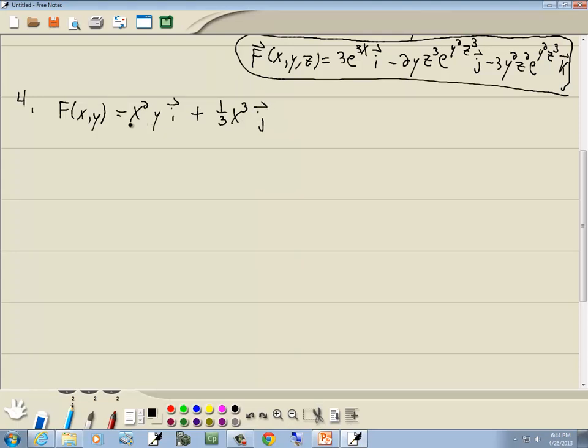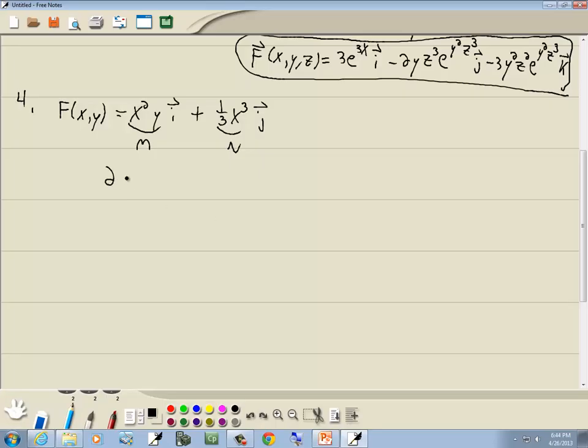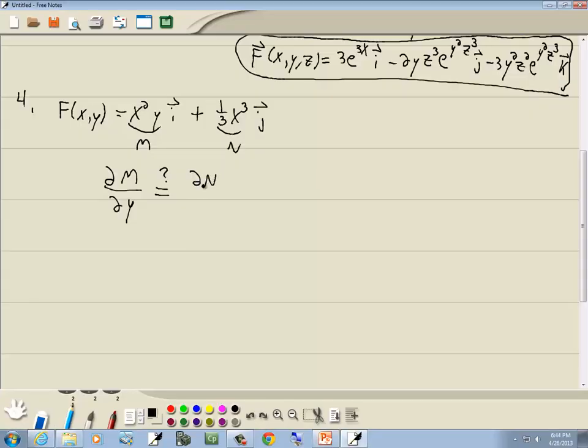Now first off, what's before our i is m, and what's before our j is n. And a hint here is if you take the partial of m with respect to y, and this isn't the equals, we're wondering if it's equal to the partial of n with respect to x.